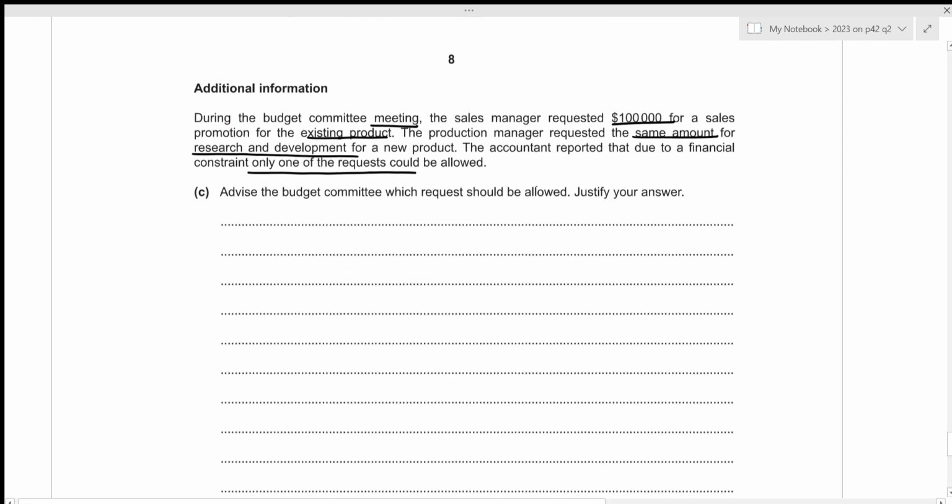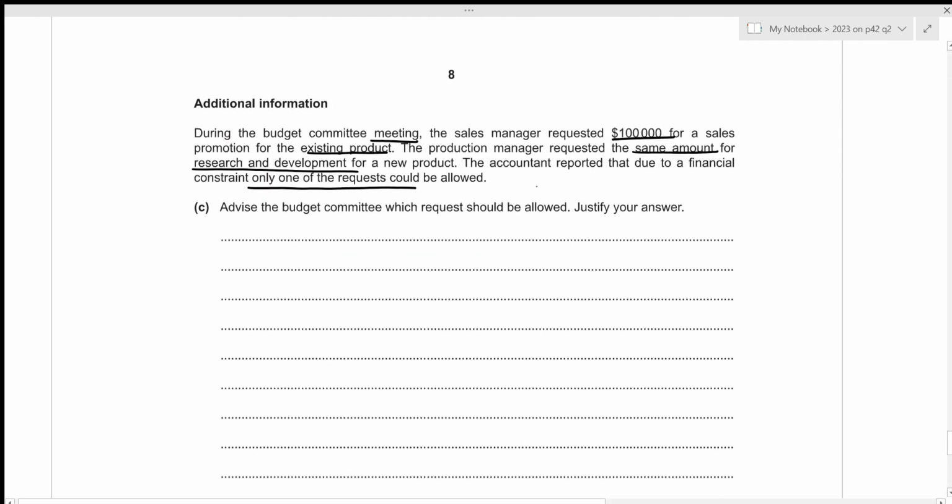All right, this is of 7 marks, so we need to have 3 comments for each of the options. So if we provide sales promotion for an existing product, it means that it can increase the demand, which will eventually increase our revenue as well as profit.